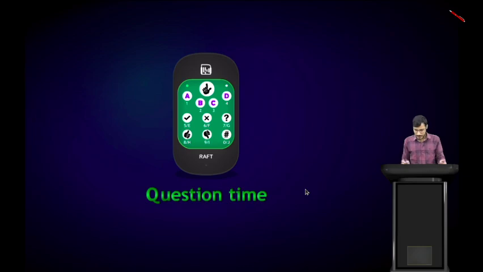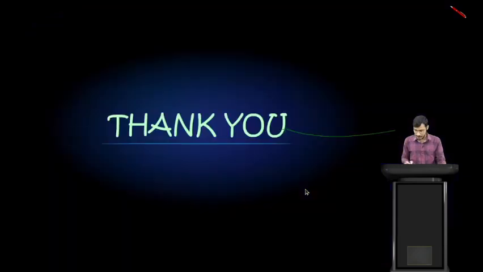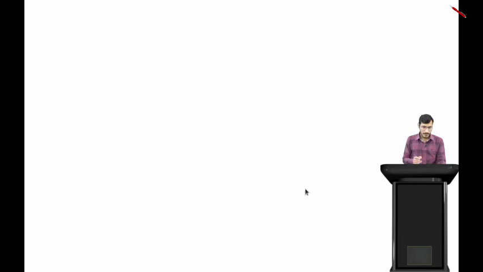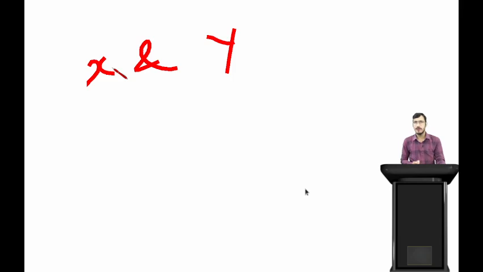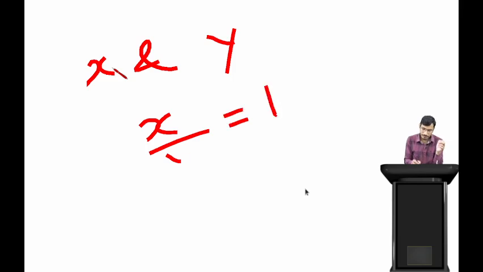So yes, let's summarize what we have learned today. If x and y are two quantities, and both x and y are in direct proportion, then the ratio between x and y will be constant.